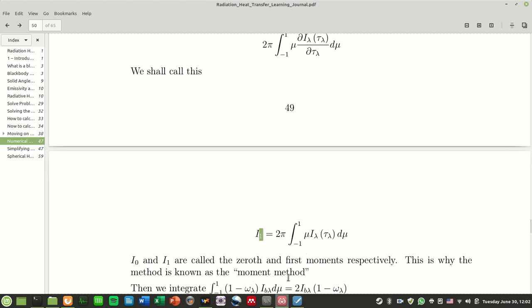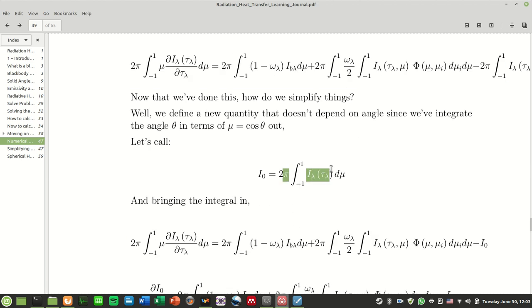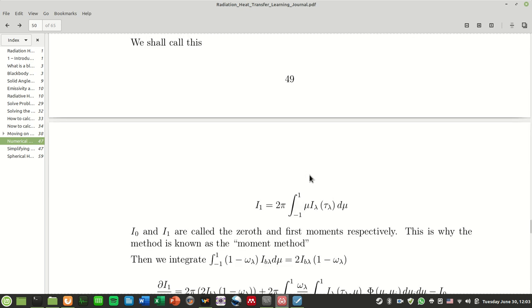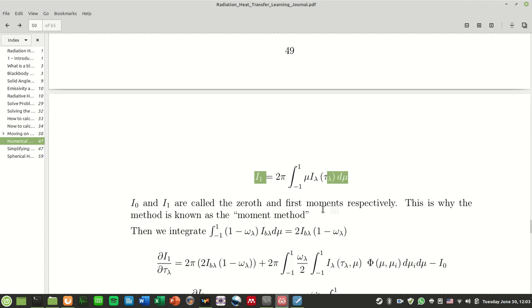For example, I2 will be 2 pi, then the integral of mu squared times I lambda tau lambda d mu. Likewise for I0, the power of mu is 0, so you just have 1, and it reduces to this expression. These terms I0 and I1 are called the zeroth and first moments respectively. This is why we call this the moment method.